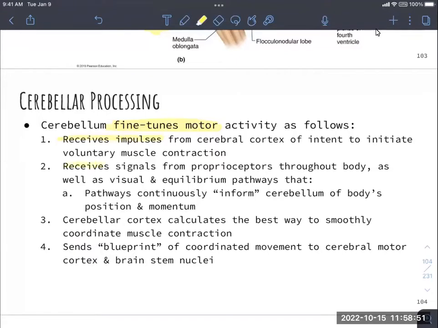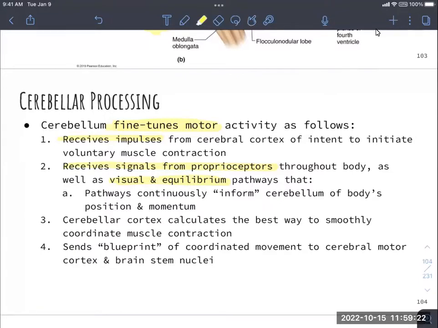It also receives information from proprioceptors, so some of those nerves. Also visual information, equilibrium, your balance. So all of that information, your cerebellum puts together. What movement your brain says it wants to do, what you're seeing, where you're at in space, all that comes together.